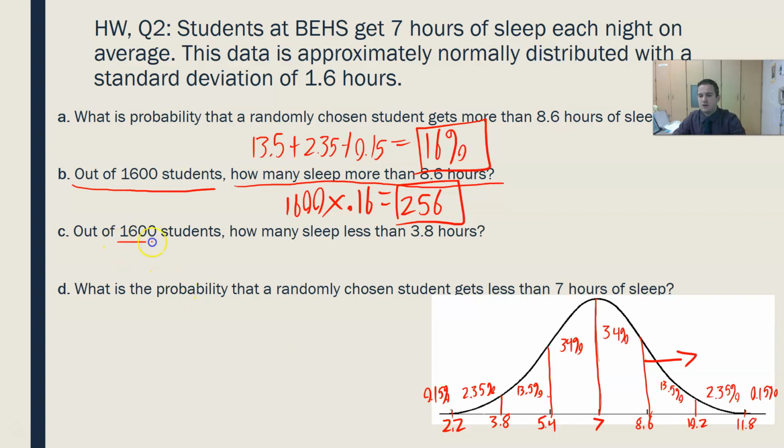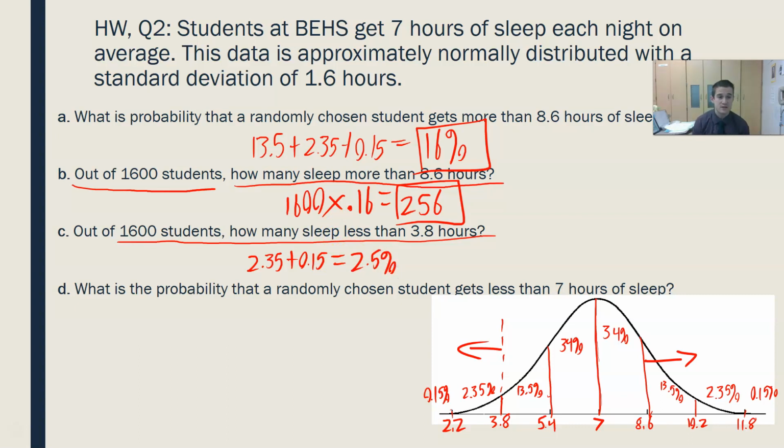Okay, out of 1,600 students, how many sleep less than 3.8 hours? So here's my 3.8 hours. Less than 3.8 hours, I have 2.35% plus 0.15%, which is 2.5%. So 2.5% of students sleep less than 3.8 hours. That's not enough sleep, kids.